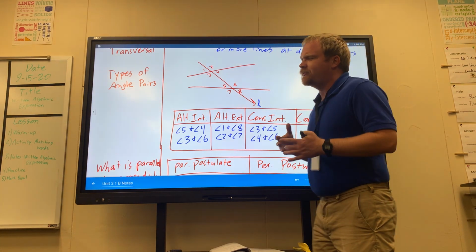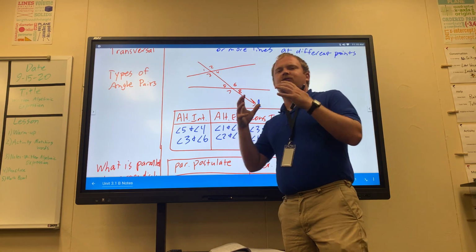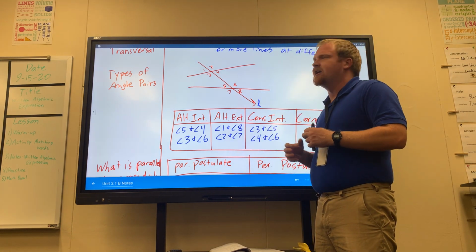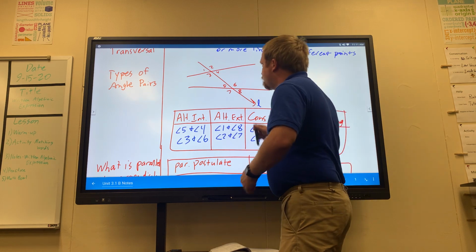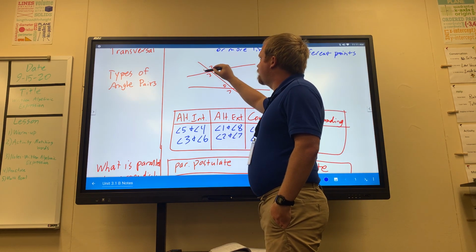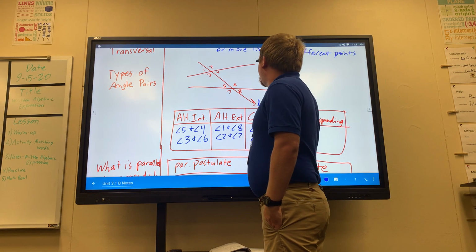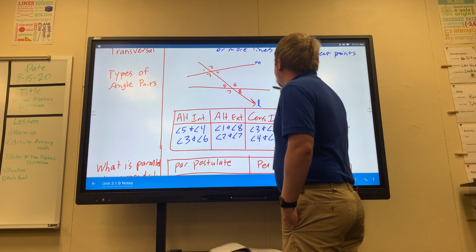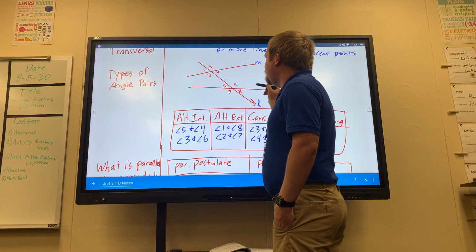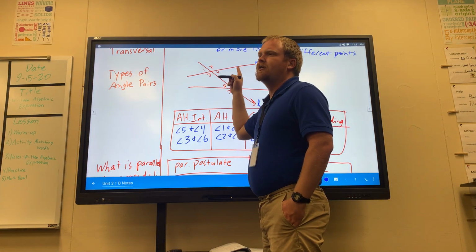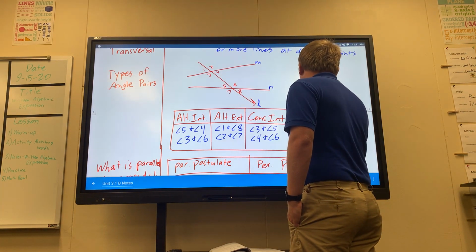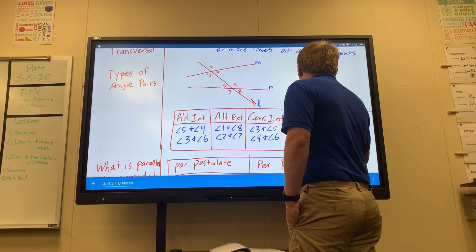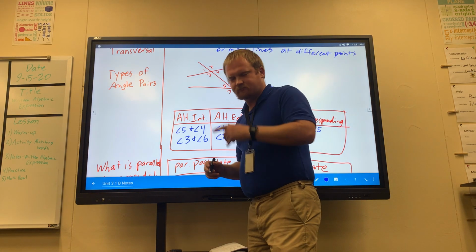Corresponding. This is where you're looking at a general position from each line. So for example, the top left angle from this line, I'm going to call this M, is angle 1. And the top left from line N is angle 5. So those two, angle 1 and angle 5, are corresponding angles.